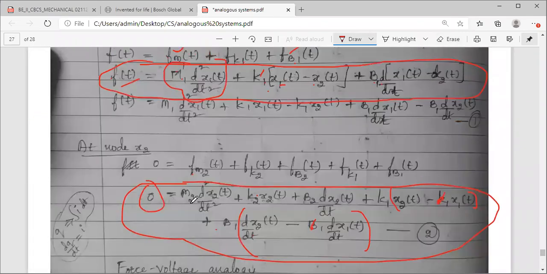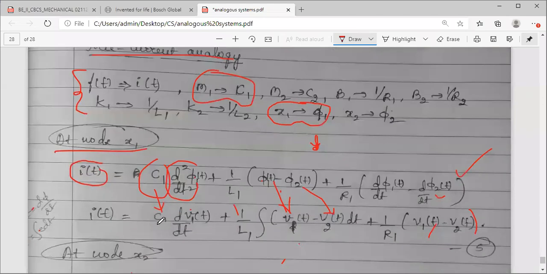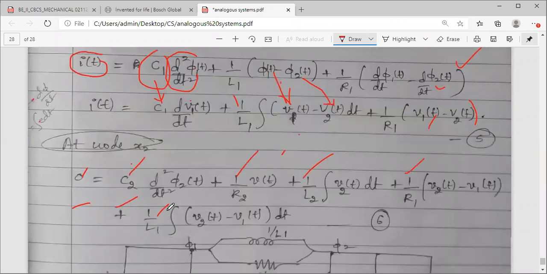Here, 0 is equal to, you have I think 5 terms, M2, K2, B2, K1, B1. So 5 terms you come across. I have written here equivalent values 1, 2, 3, 4, 5. So equivalently I have replaced every value.